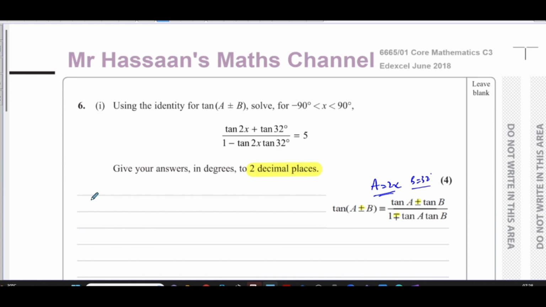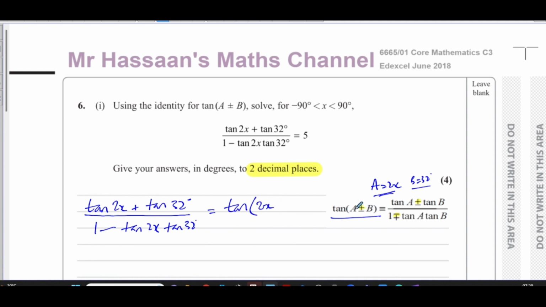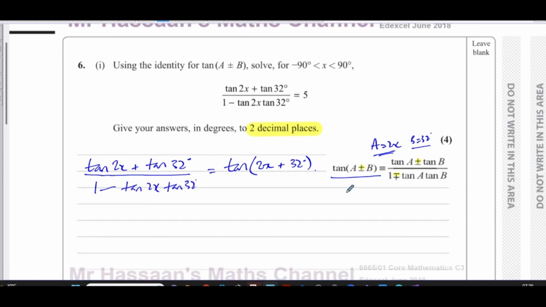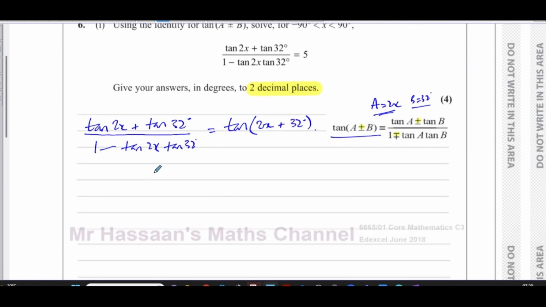So we can take tan 2x plus tan 32 degrees over 1 minus tan 2x times tan 32 and rewrite it in this form as tan of (2x + 32). Now our equation becomes tan(2x + 32) equals 5.